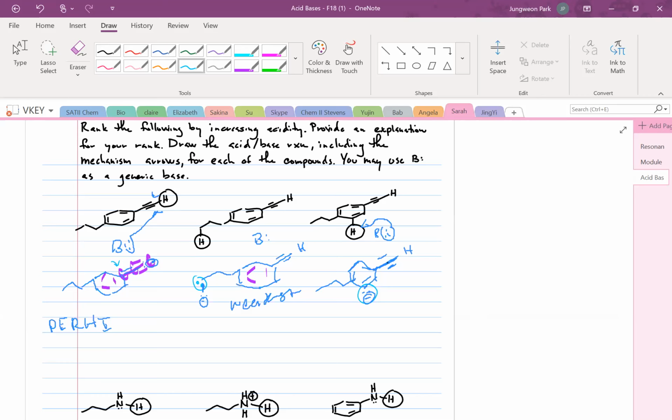Like which one is more able to accept protons? Then that's the weaker acid. You know what I mean? So the first one is stronger. I think so. Yeah. Okay.